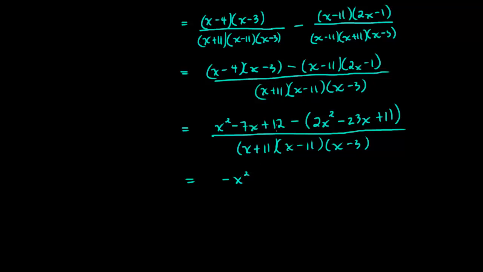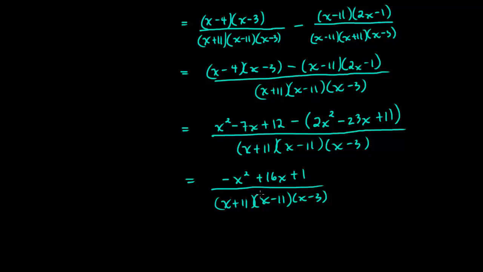Negative 7x plus 23x is positive 16x. And 12 - 11 is just positive 1. And that's all over (x + 11)(x - 11)(x - 3).